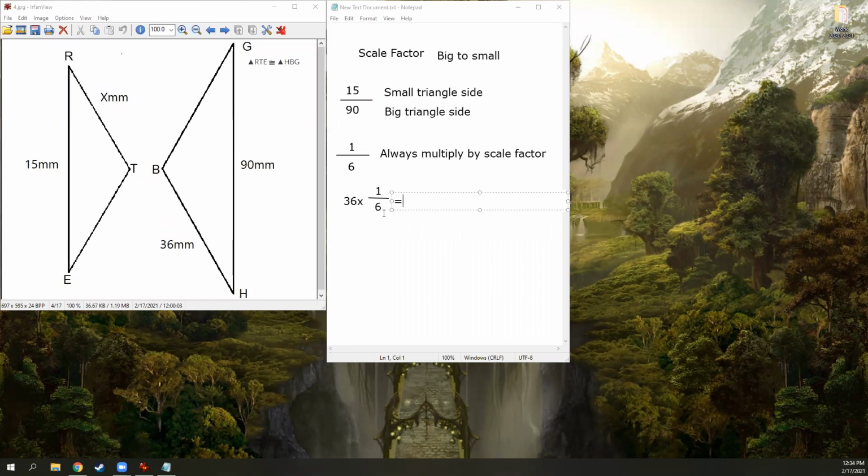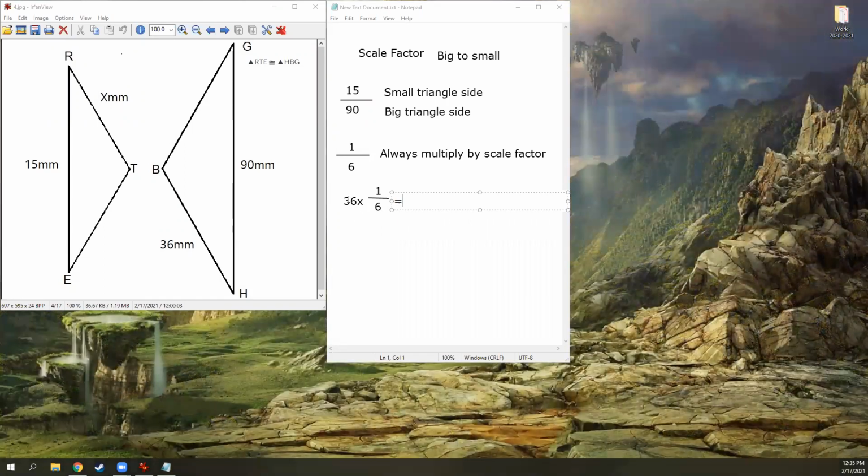I hope I taught it to you. If not, anytime you multiply a fraction by a whole number, multiply by the top number and divide by the bottom number. So 36 times 1 is 36. And then you divide by the bottom number, which is 6. So 36 divided by 6 is 6. And that's x.